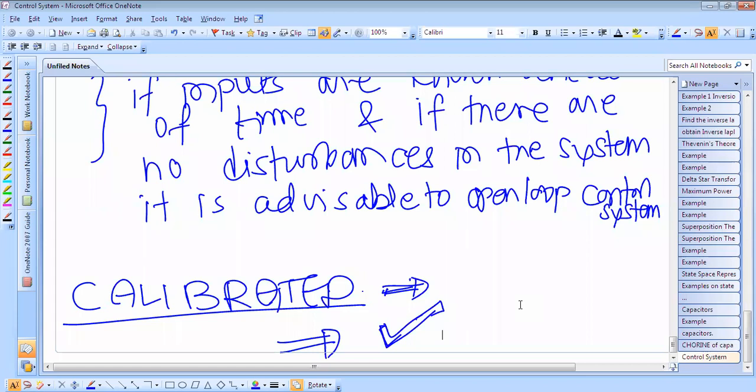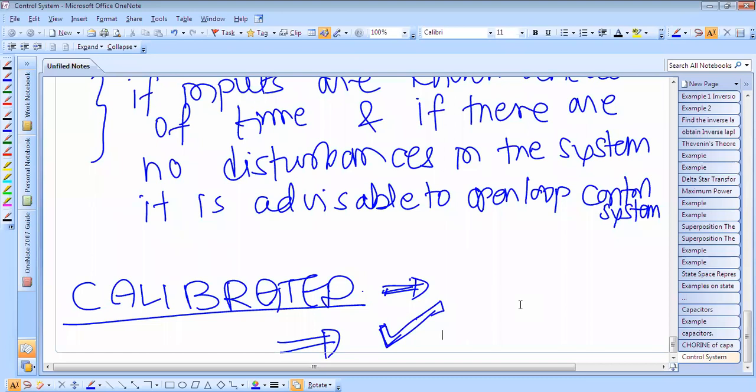We have to also explain it with one example of each, and then we have to also mention the advantages as well as disadvantages from the point of view of its construction, its economy, maintenance, and stability. In this way we have to write down all the points in detail.